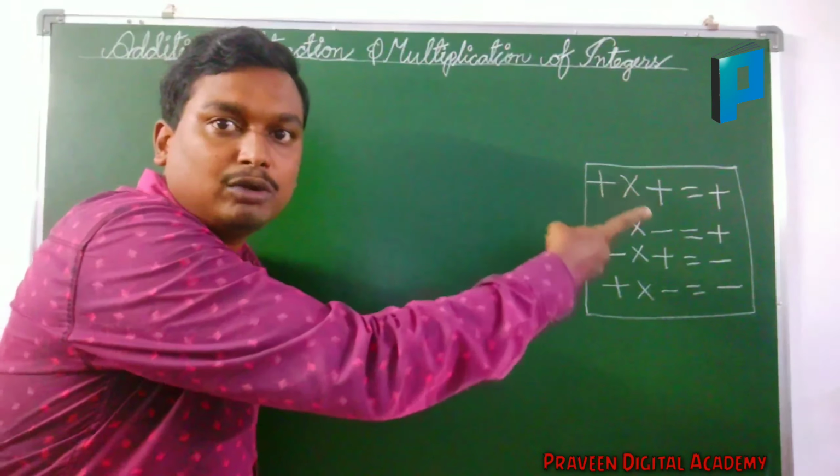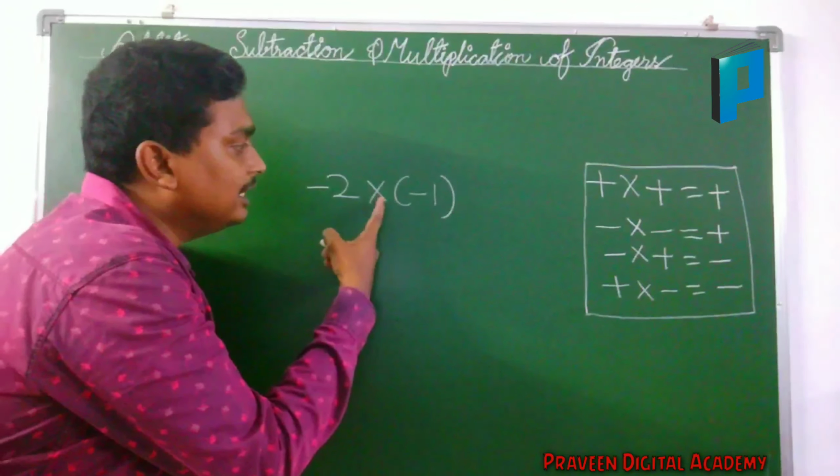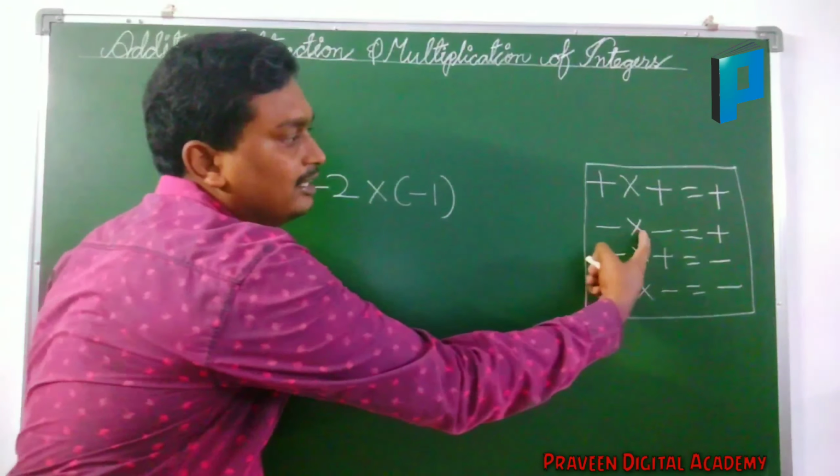If you have a question like this, minus 2 into minus 1, first of all, we have to multiply the signs. After that, we go to the numbers, the integers. Here, minus into, bracket is also called into only. Minus into minus. What is minus into minus?